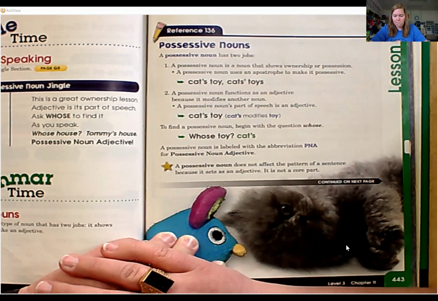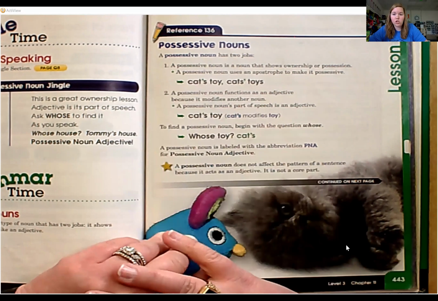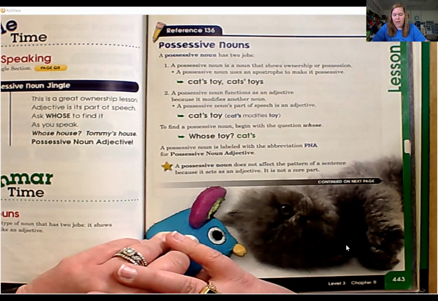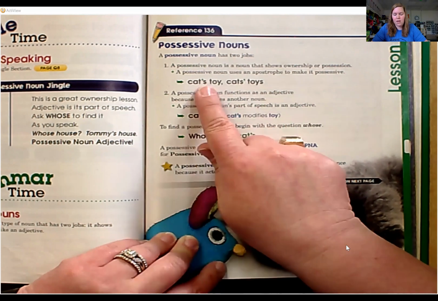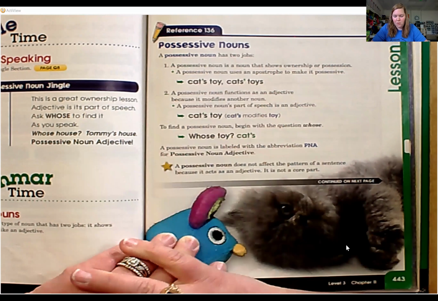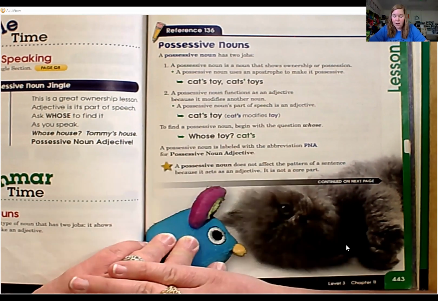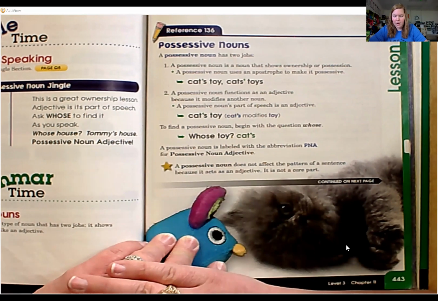The first job, number 1: a possessive noun is a noun that shows ownership or possession. A possessive noun uses an apostrophe to make it possessive, like cat's toy. Number 2, a possessive noun functions as an adjective because it modifies another noun.